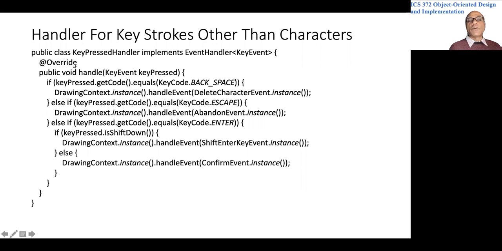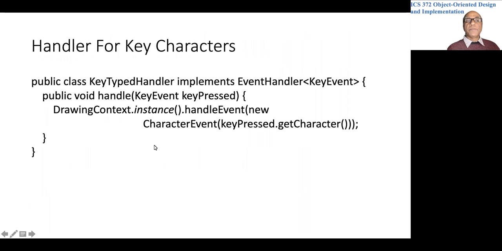The FX code for handling keystrokes other than characters is here. So this is purely JavaFX code. So you have a handle method to handle key events, and you'll check for certain types of keys and invoke the corresponding handle event methods of drawing context.